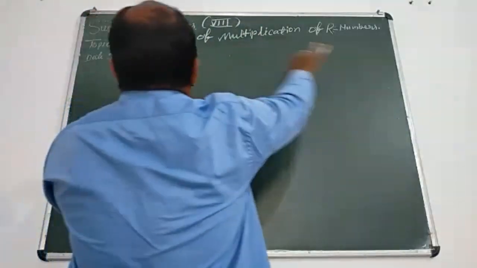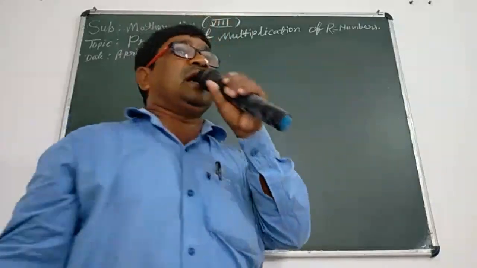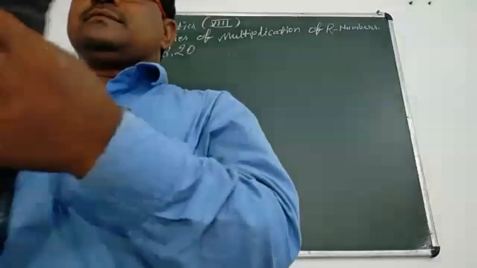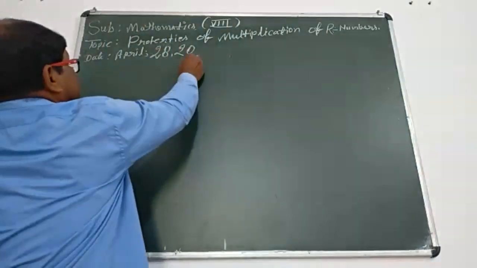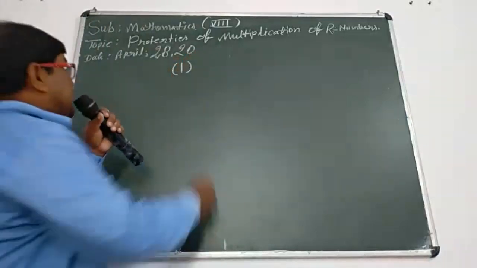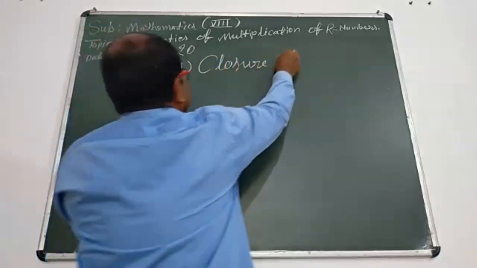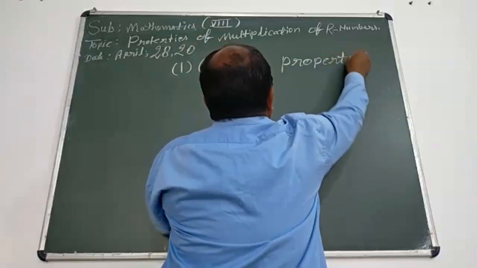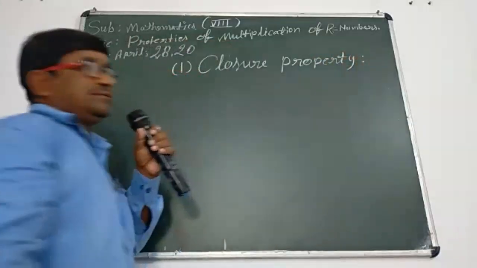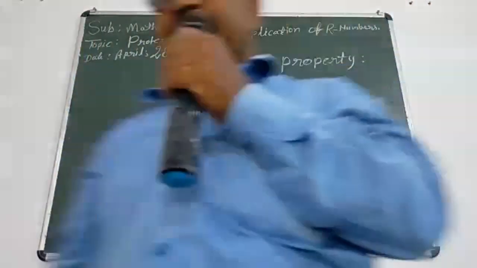Now, come to the properties of multiplication of rational numbers. First, closure property of multiplication.